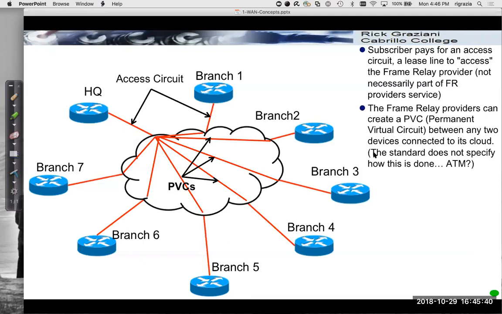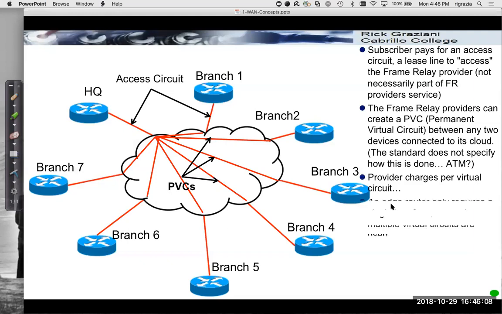Of course, the fewer virtual circuits you have, the cheaper it's going to be. And again, the standard does not specify how this is done inside the frame relay cloud. Matter of fact, back in the old days, a lot of frame relay providers used ATM inside the frame relay cloud. We'll talk about ATM in just a moment.